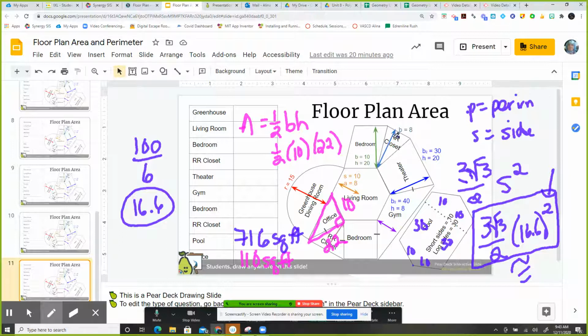What's the blue line called? It is the height. Yeah. So sometimes in a triangle, in order to find height, you have to use Pythagorean theorem. Then what did the S stand for in the hexagon formula? Side. And what did the P stand for? Perimeter. Beautiful.